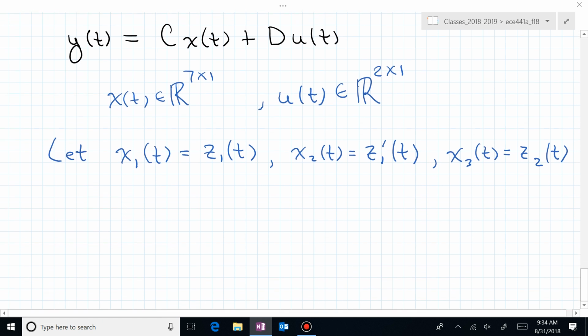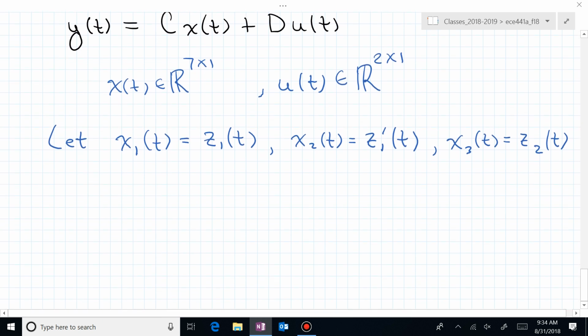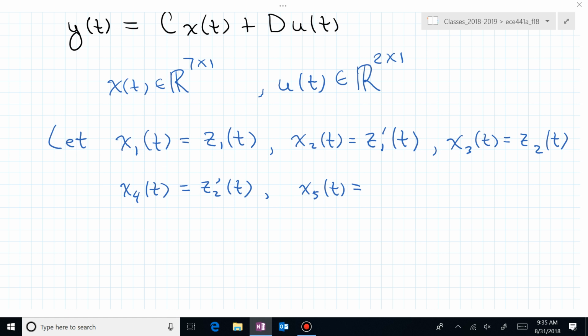So now we can start over again. Let x sub 3 be z sub 2, the position of mass 2. X sub 4, to be consistent, let's let that be the velocity of the second mass. X sub 5, you know we don't need to have the acceleration of the second mass, I hope. So now let's go to the next mass.